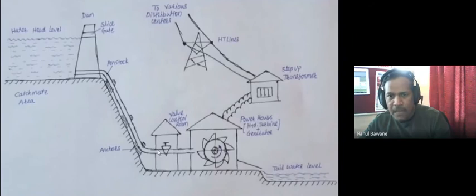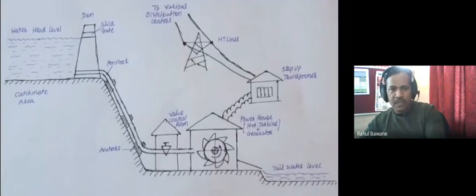So what happened? Back pressure is generated. Many times you observe that during gardening, if you close the mouth of the garden pipe, the pipe gets slipped out, correct? But here it is not possible. If you close the valve, whatever water reaches up to the valve creates a back pressure, because it cannot move ahead as you already closed the valve, and it is not possible to push all the water in a dam against this pressure and return it to the dam.